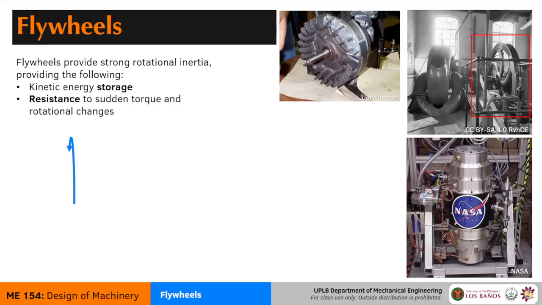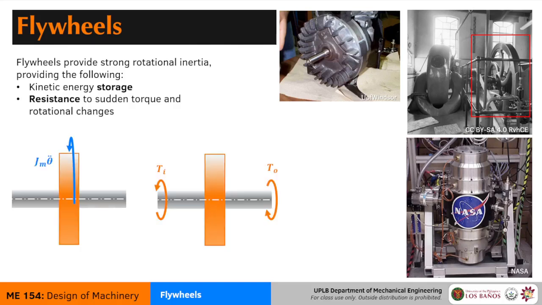Now, in order to properly understand what's going on with the flywheel, we have to take a look at its equation of moment for rotation. So this is our body. This is J sub m theta double dot.